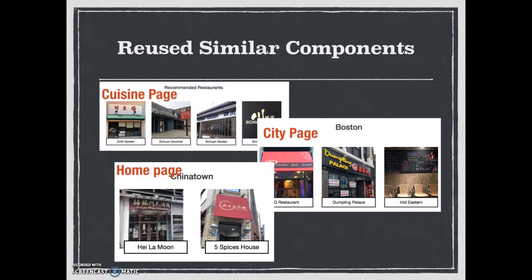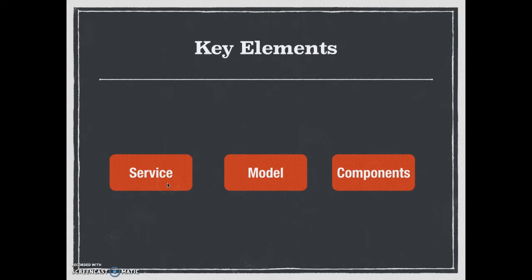So in Angular, I can create three main elements to apply this as a component in different pages. Those three key elements are the service, the model, and the component.